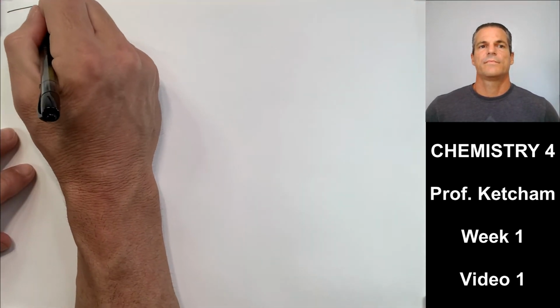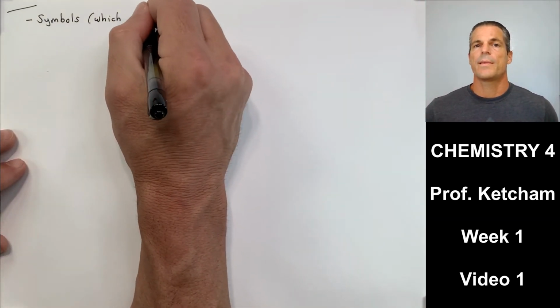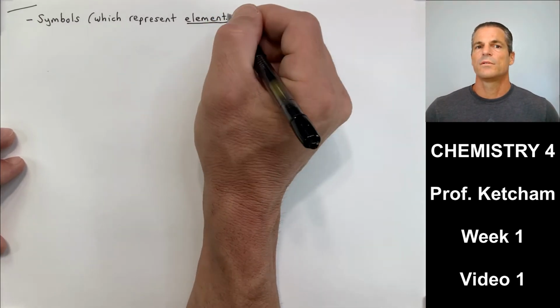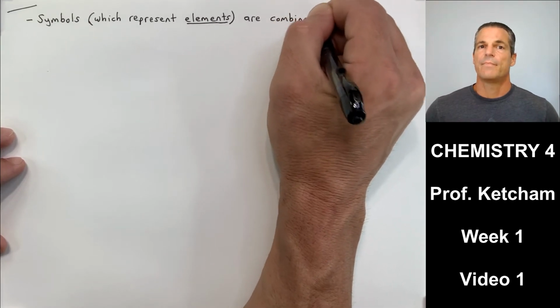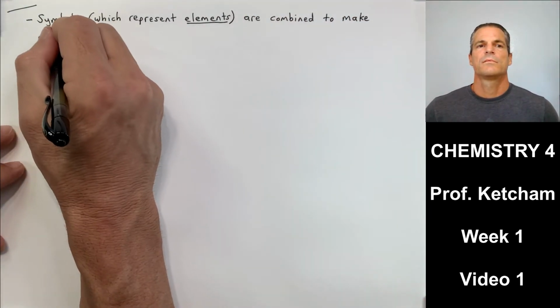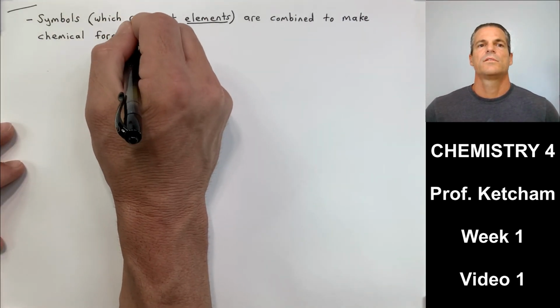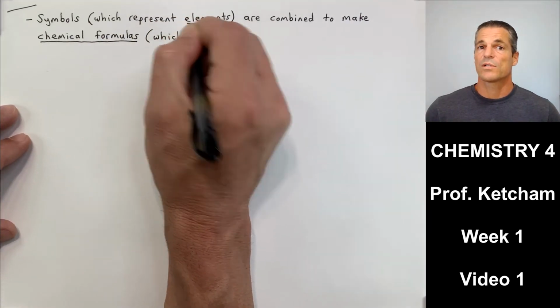All right, now more on atomic symbols, symbols on the periodic table. It says symbols which represent elements on the periodic table are combined to make chemical formulas. So a chemical formula is going to represent a chemical compound.